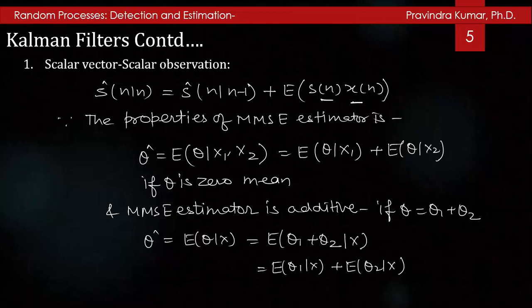If theta is equal to theta 1 plus theta 2, then theta cap is equal to the conditional expected value of theta given x, which is the conditional expected value of theta 1 plus theta 2 when x is given, and you can write it as the expected value of theta 1 when x is given plus the expected value of theta 2 when x is given.